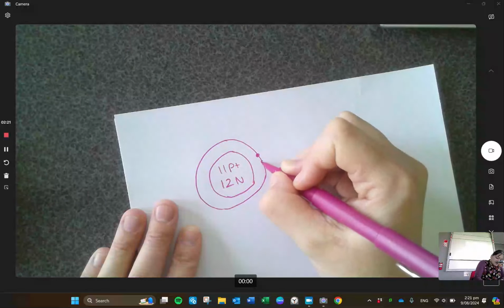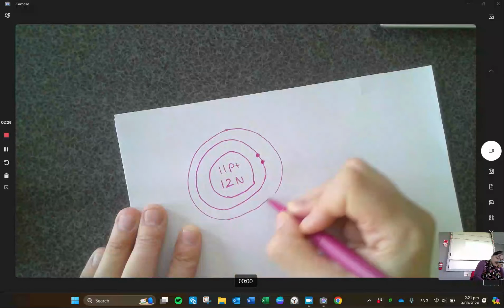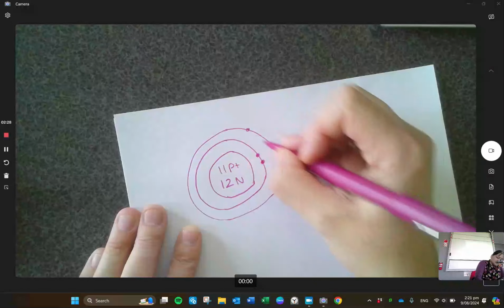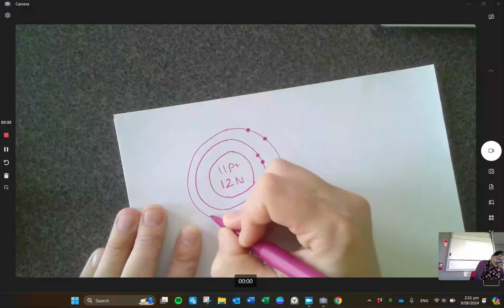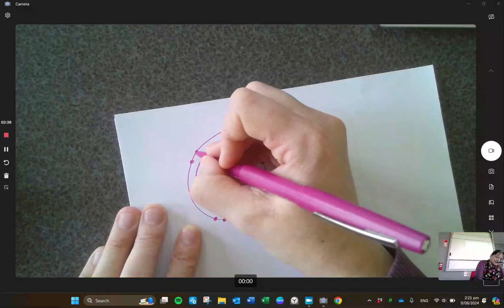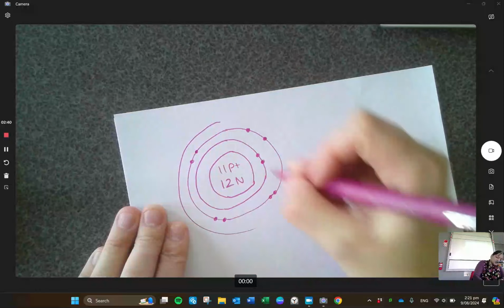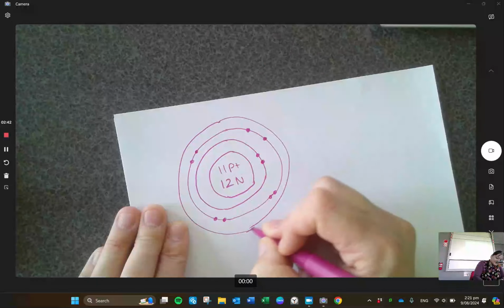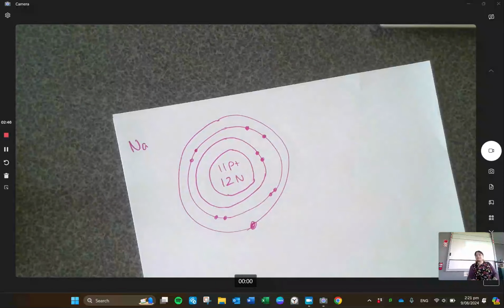So 2 go in the first shell. 8 go into the second shell. 1, 2, 3, 4, 5, 6, 7, 8. And then this has 11. So right now I have 2, 4, 6, 8, 10. So I need one more shell for my sodium. And now I have sodium, the atom, drawn.